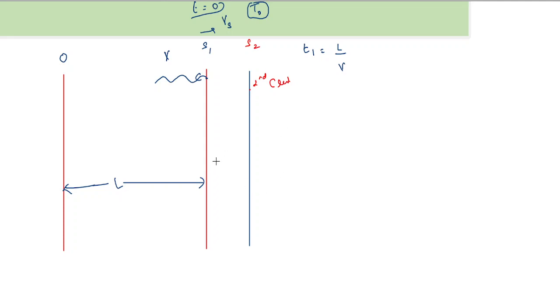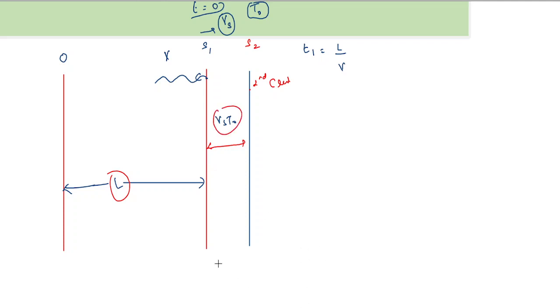The distance between S1 and S2 would be, the source moves with speed of Vs, time is t0, because from time t is 0 to t0, it will travel a distance of Vs into t0, because distance is speed into time. If a second crest is emitted from here, this crest travels a distance of L plus Vs into t0.